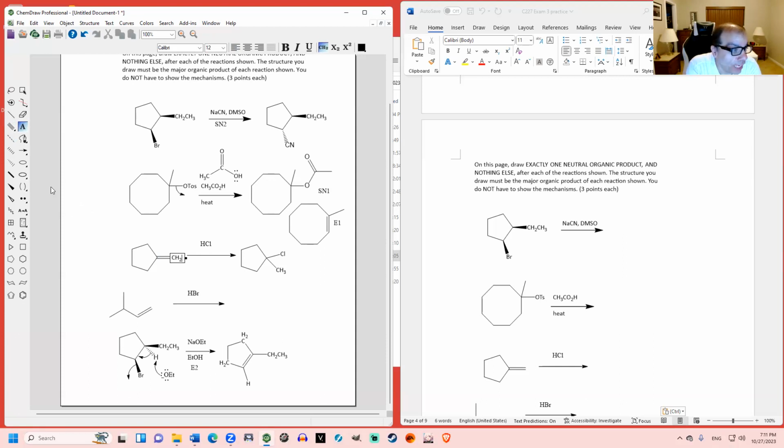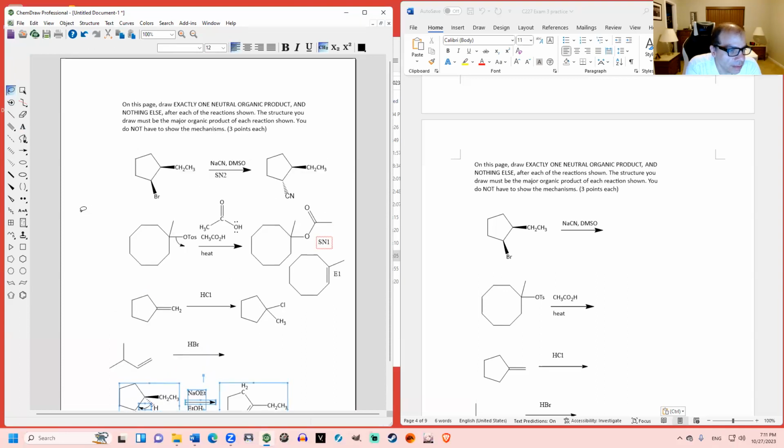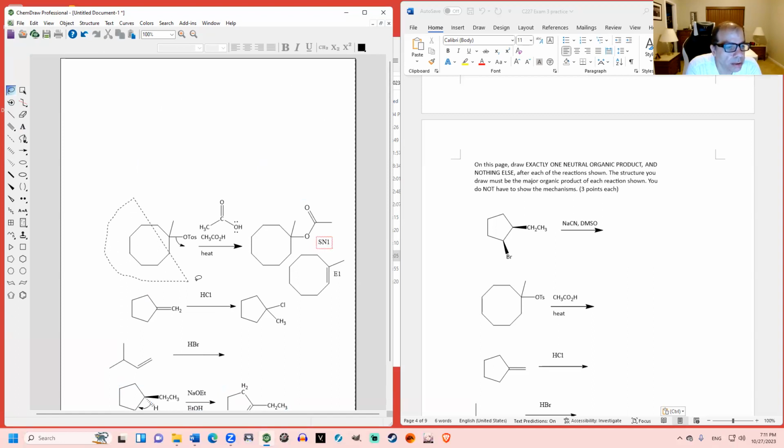And the next question is like it. And I think that one will make more sense also if I go over the mechanism. So the first step of the mechanism is breaking the bond between the carbon and the tosylate.